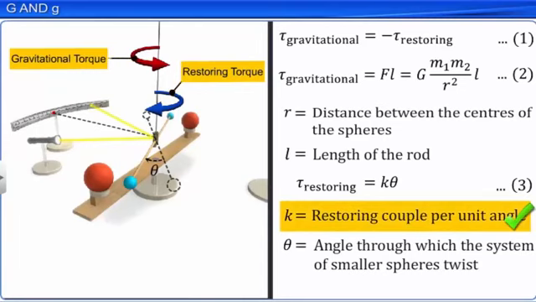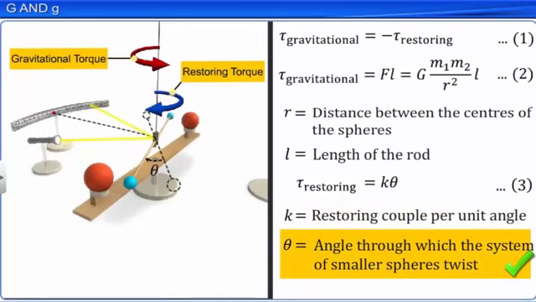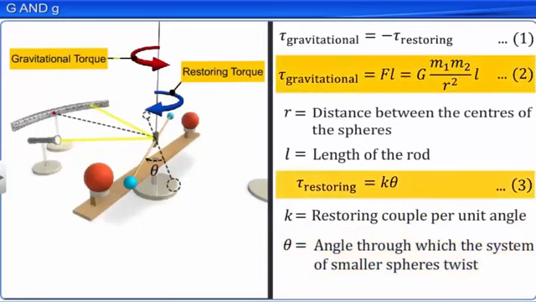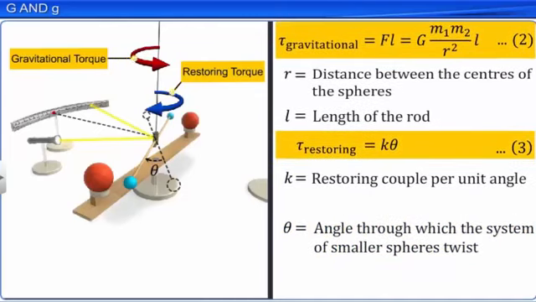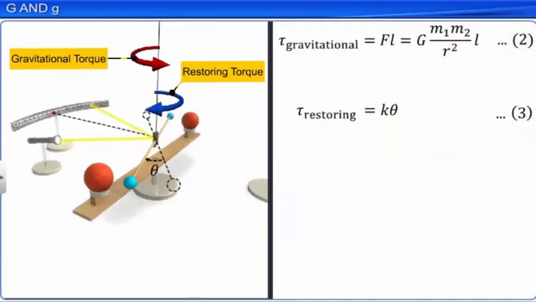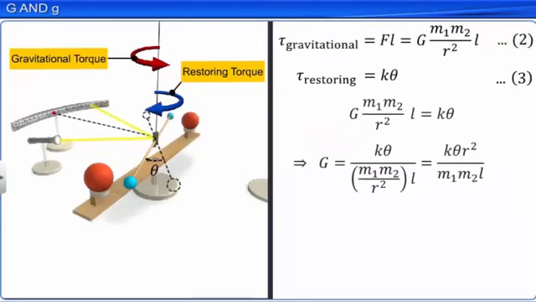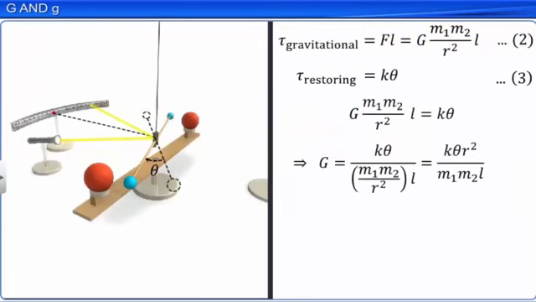We equate equations 2 and 3 and hence deduce the expression for G. The value of theta can be obtained precisely by using the lamp, mirror, and the scale arrangement as shown here.